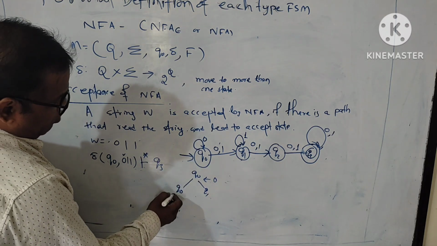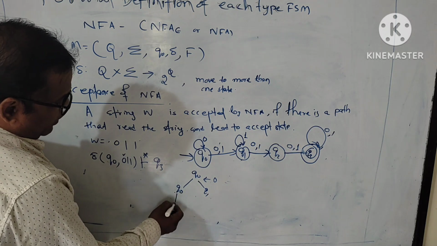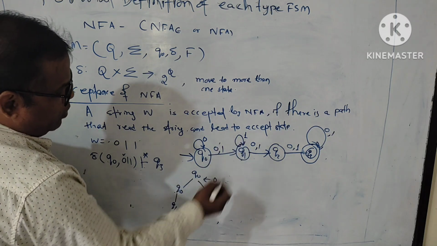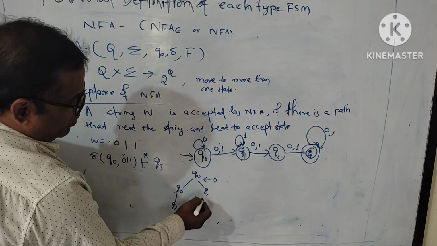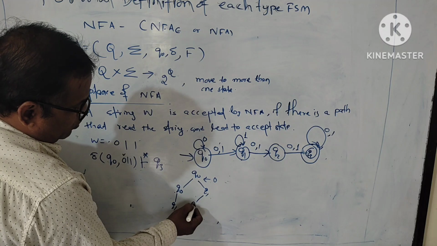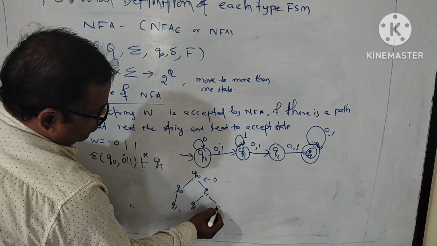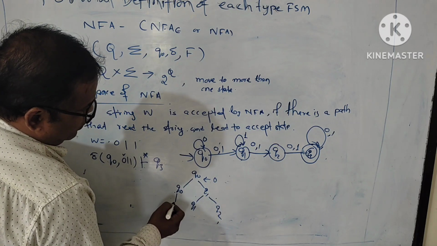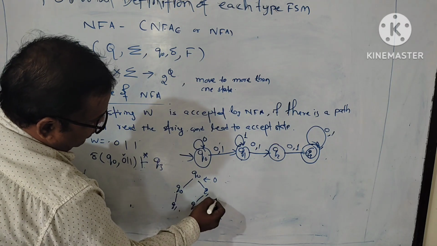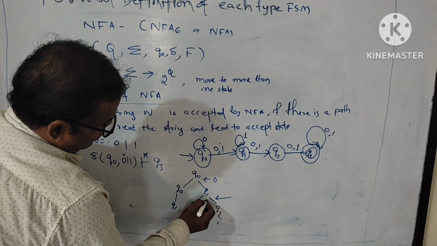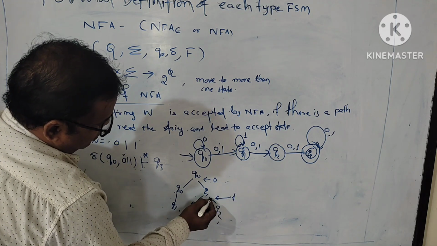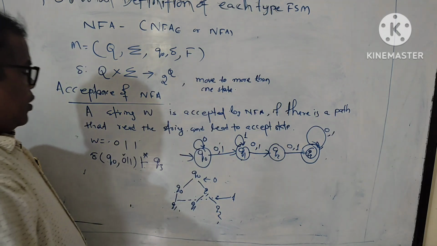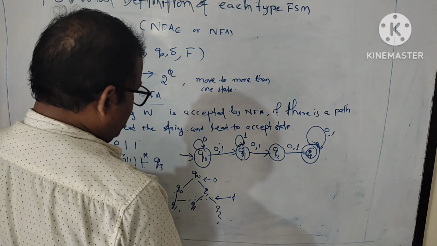From Q0 there is only one path for the 1, you may go to Q1. From Q1 you may go to Q1 or you may go to Q2. What you are reading at this level is 1.